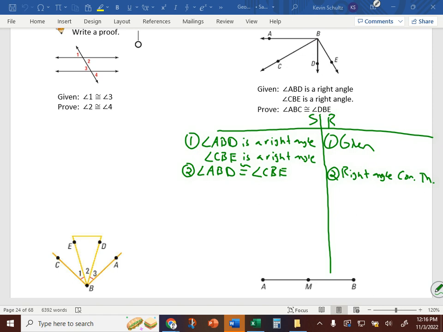Another option. Max, what do you think? Say like angle ABC is part of like the ABD of 90 degrees. Okay, ABC is a part of the angle ABD. So let's work with that a little bit. What can we say about ABC that we know to be true?